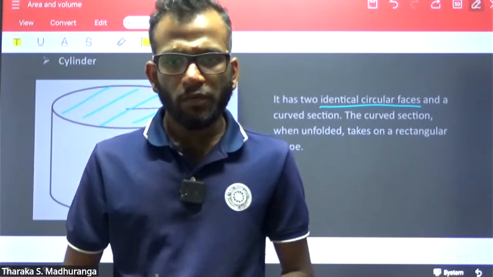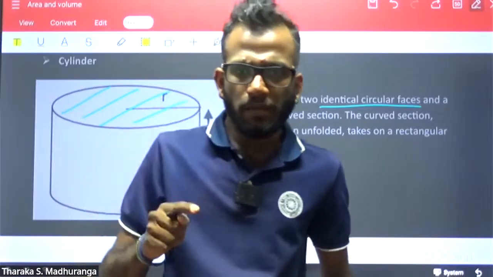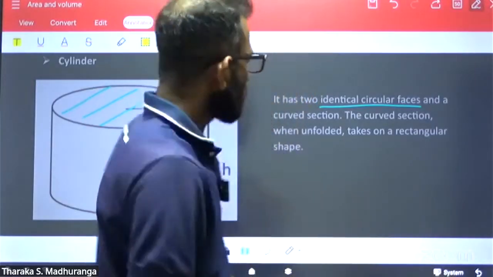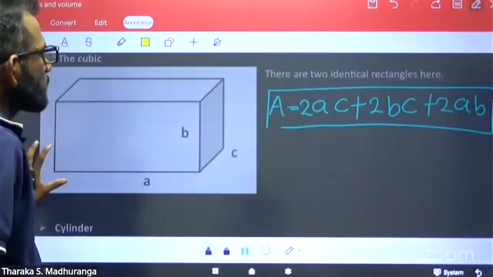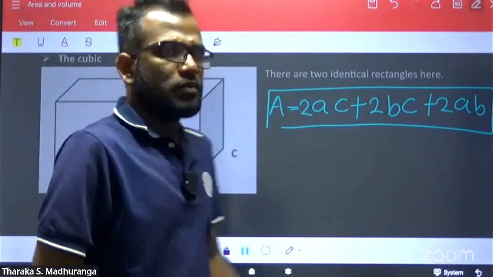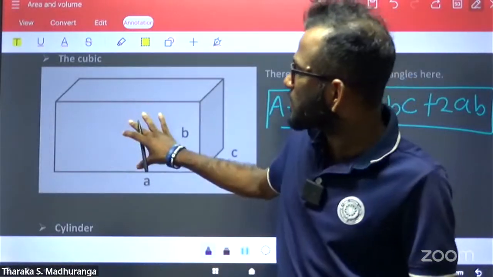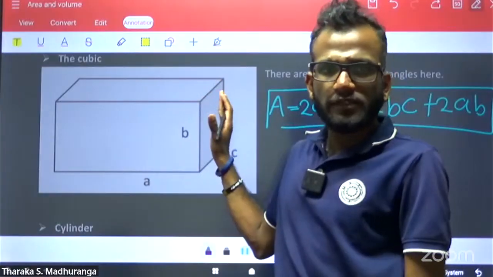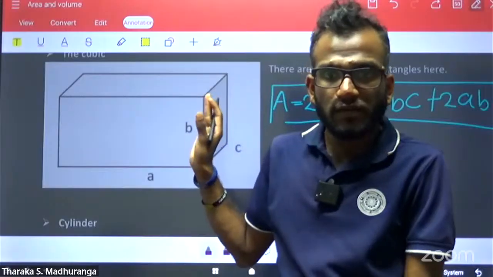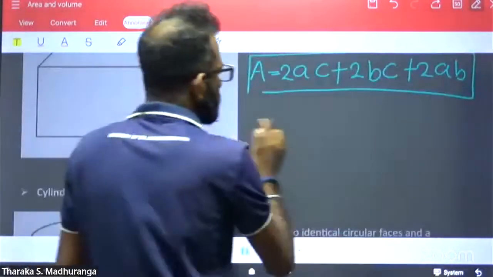So for the cuboid, can we use 4AB plus 2BC? No. For the cube, it is the same size, this side is a square, and this side is also a square. But the cuboid is a different shape.